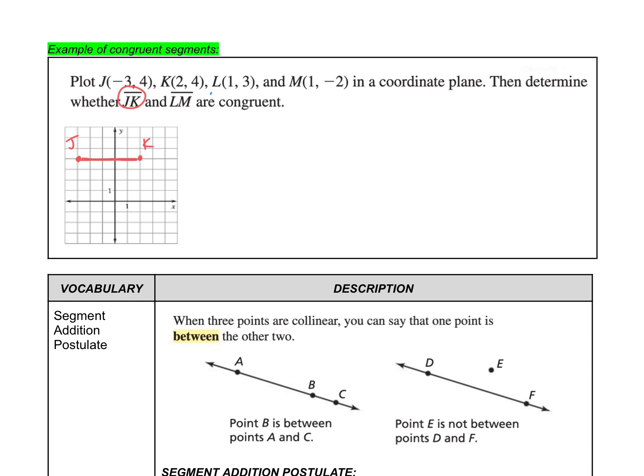Different color now, I'm going to do L. I go to the right 1 and I go up 3, and there's my L. And M, I go right 1 and down 2. And I'm going to connect that. We are asked if these two segments are congruent. So in our mind, we're asking ourselves, do they have the same length?